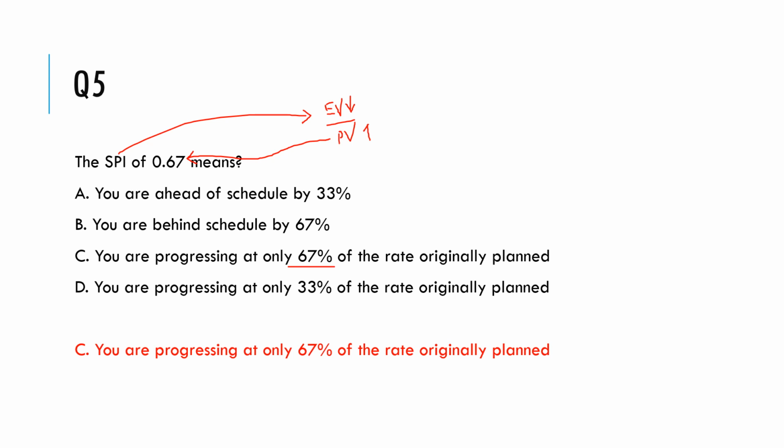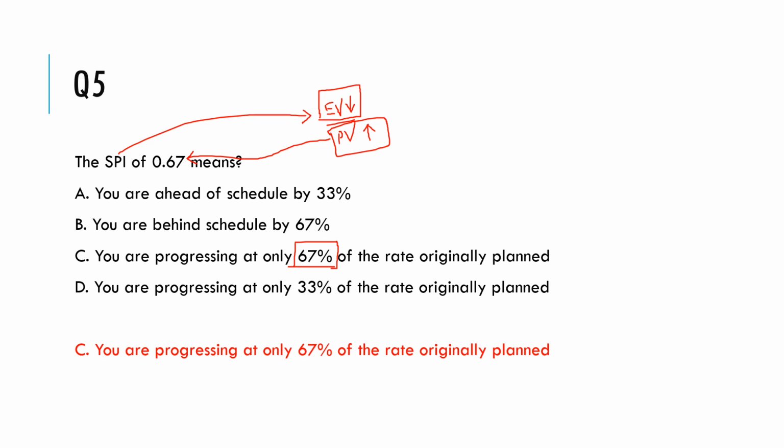PV is more, which means whatever value you're earning is less than what you had planned. So earlier you planned to achieve more than what you're earning in actual, which means you are progressing at only 67% of the rate that you originally planned.